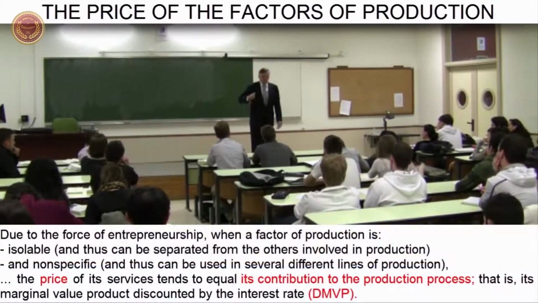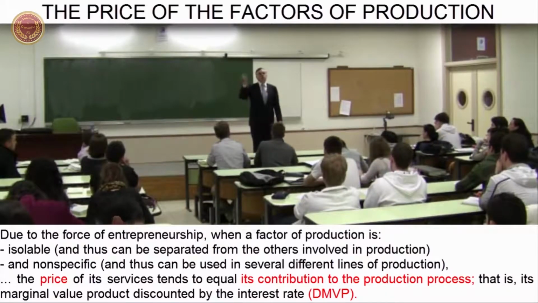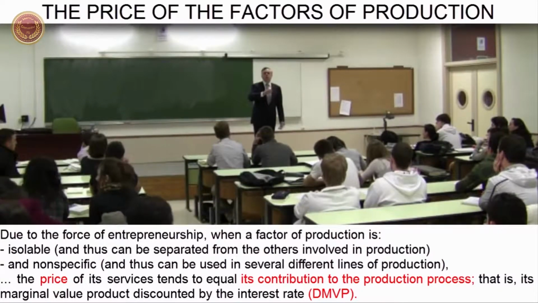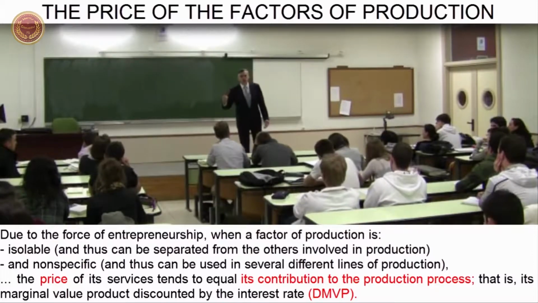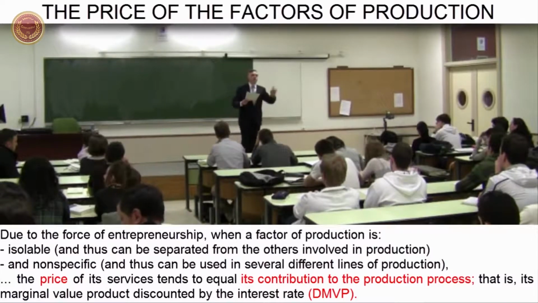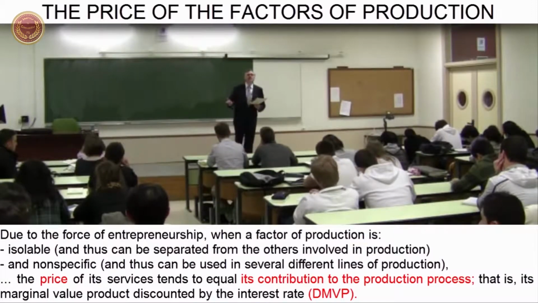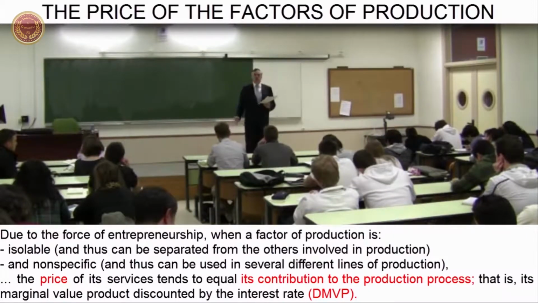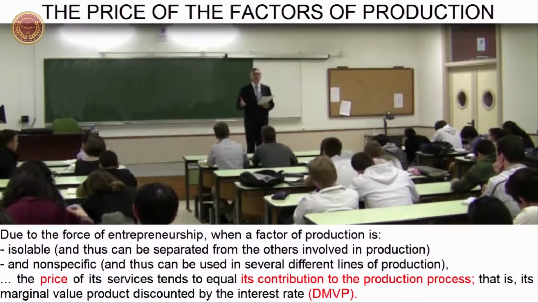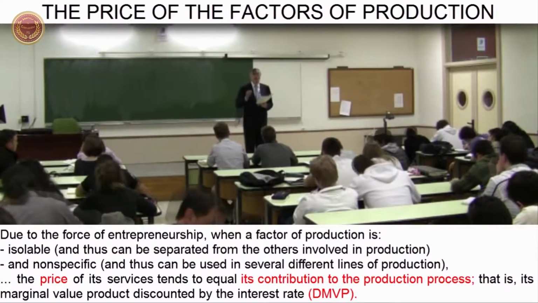Today, I am going to explain this principle by examining the process that takes place. The essential principle is as follows. When a factor of production is isolable, like any one of us who does not work with a partner, as Tip and Cole did, when a factor is isolable and non-specific, and thus we are useful in different lines of production, we are versatile, the market price of that factor's services tends, since all economic laws are laws of tendency, ceteris paribus, other things being equal, to be equal to what we will call the discounted marginal value product.